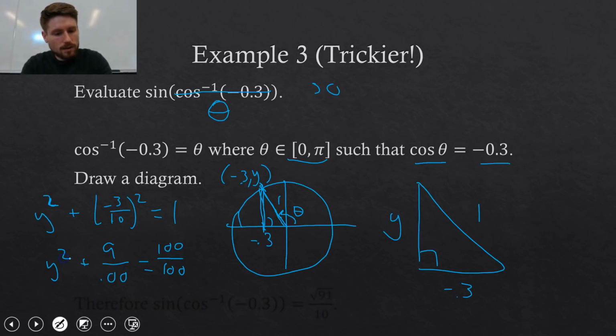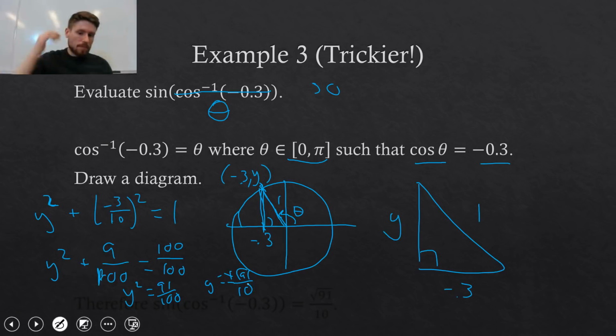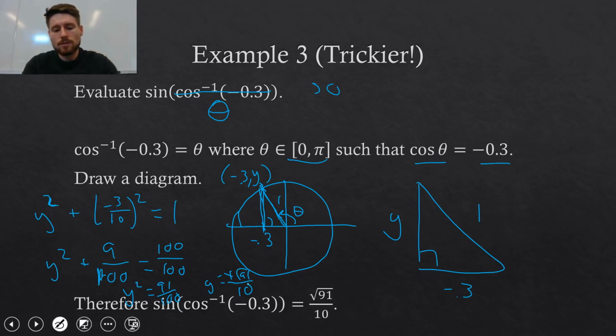So this ends up being 91 over 100 equals y squared. So y equals plus or minus square root 91 over 10. But in this case, we know it's positive root 91 over 10 because it's in quadrant 2. So that's what the result is.